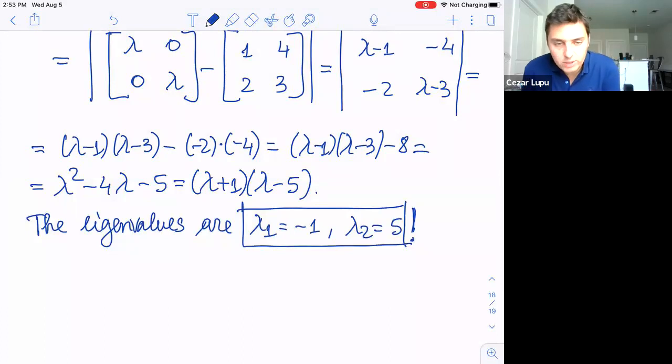What did we say earlier? We said that if an n by n matrix has n distinct eigenvalues, then A is diagonalizable, right? We said this.